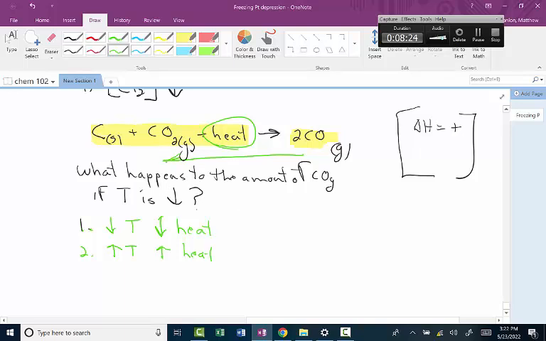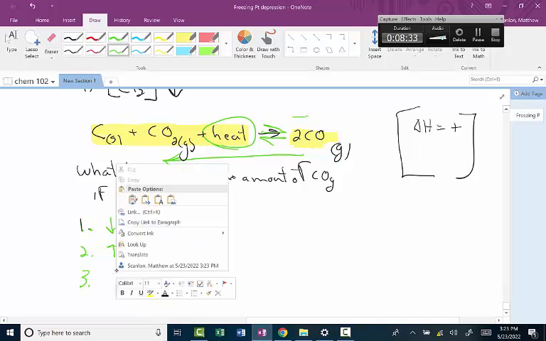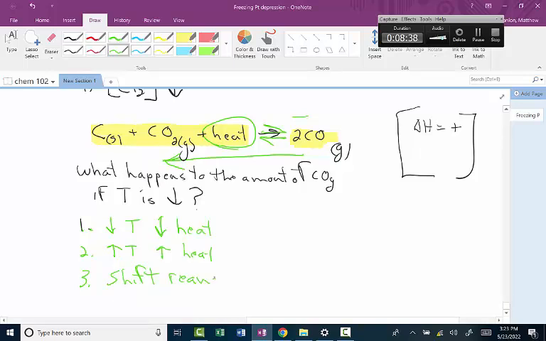So if it goes to the left to make heat, that should have been an equilibrium arrow, then it shifts towards the reactants once again, and we produce heat, but we asked what happens to the CO. So the CO decreases. It's a product. All right, one more type.